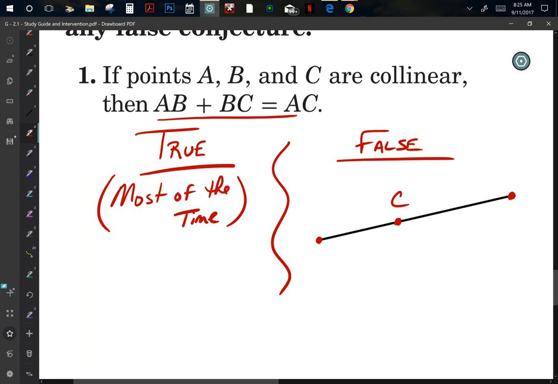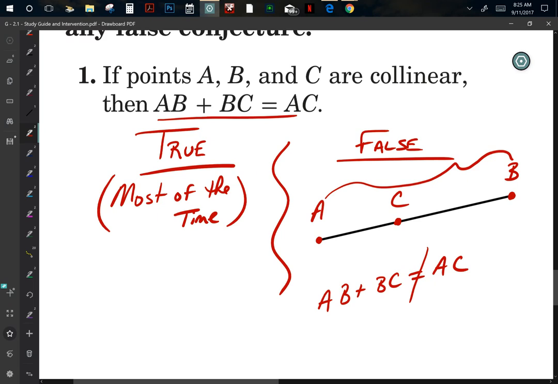Basically, if C was in the middle, right? That would mean A was here and B was here. Would it make sense that AB plus BC equals AC? There's no way, right? Because AB is the bigger one here, isn't it?